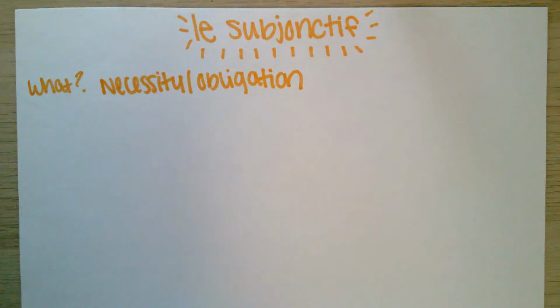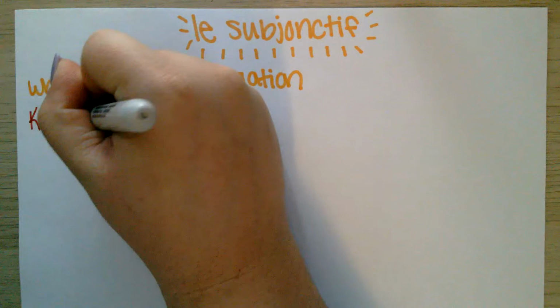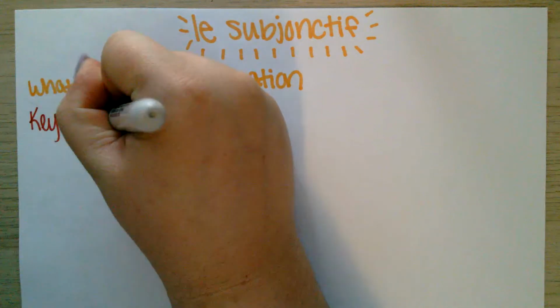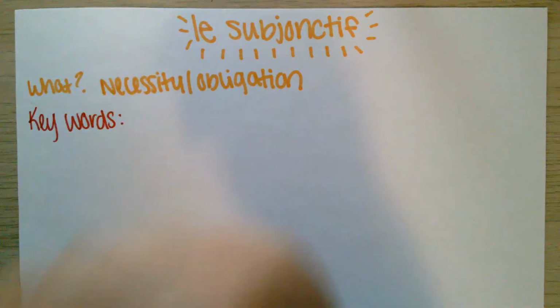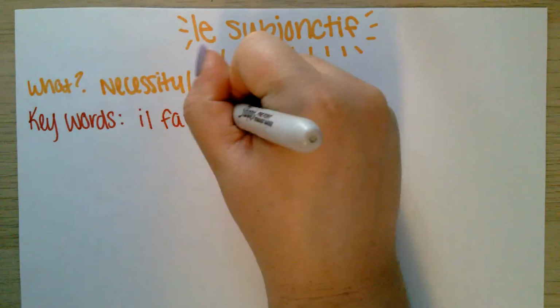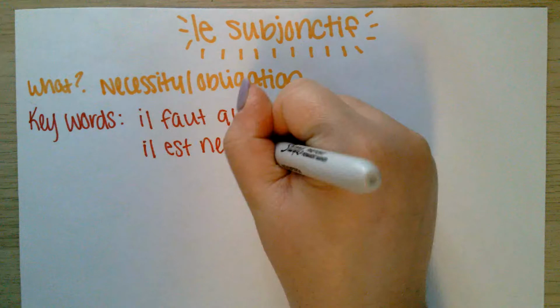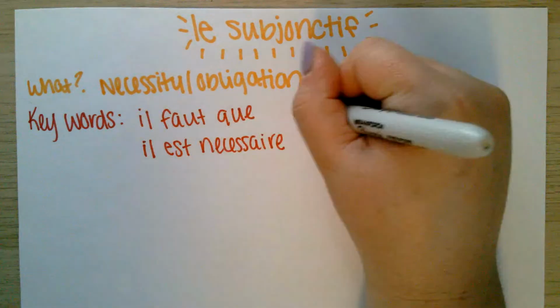The next thing I want to talk about are key words, the ones that will help you know that you need to use the subjunctive. So I'm going to switch colors to red. Some key words for the subjunctive are il faut que, il est nécessaire, and il est important que.